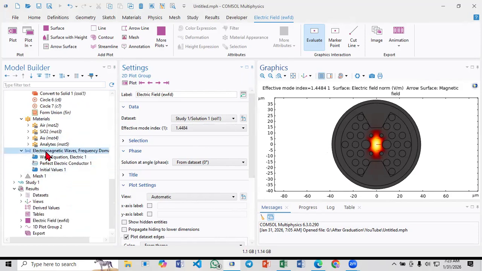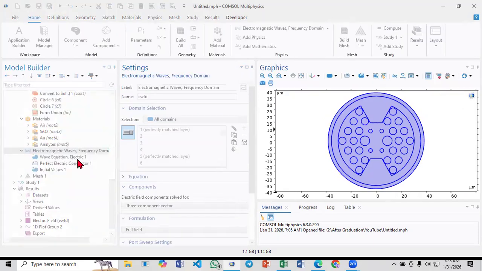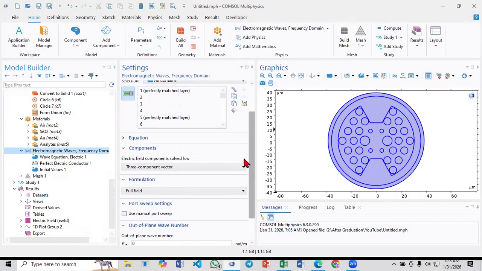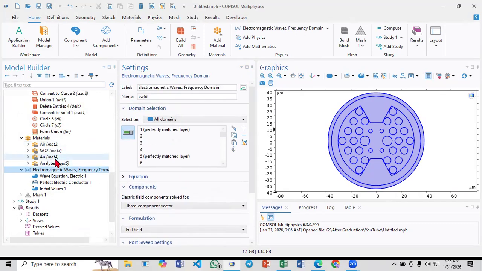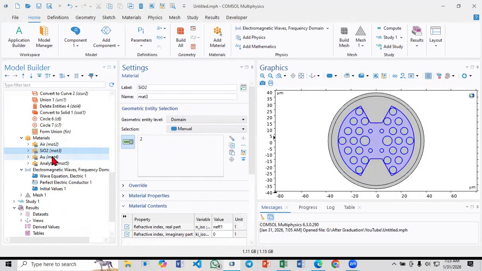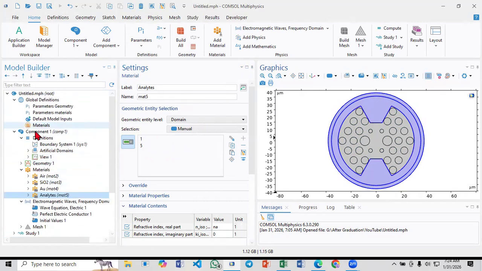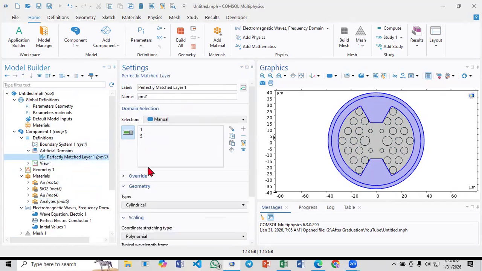For that, I can check physics. Here you can see, okay, I think there is no problem. And materials is okay. Gold and light, everything is okay. So maybe the problem is here for perfect image.